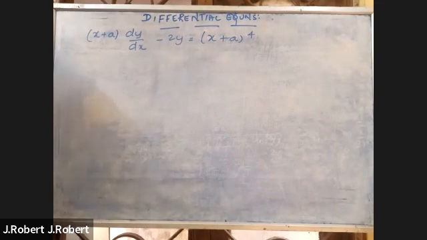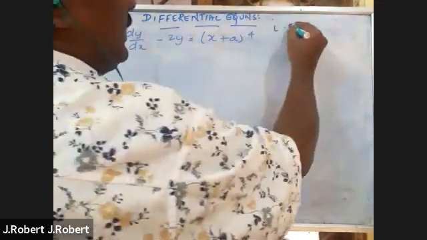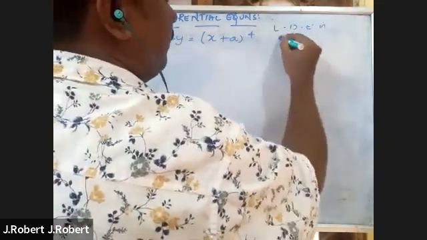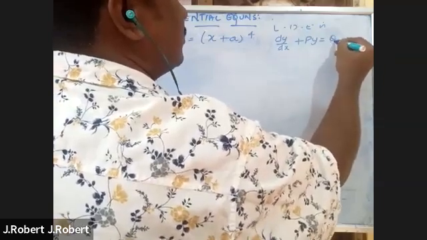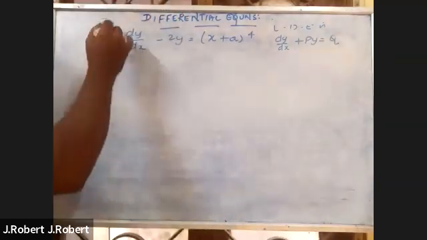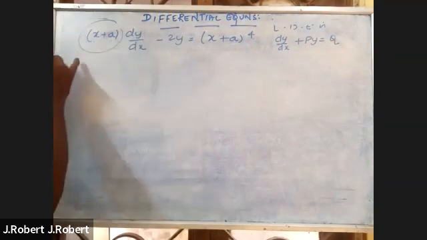So how to solve this? Actually, the linear differential equation is of the form dy by dx plus Py is equal to Q. Here we have x plus a in front of dy by dx.